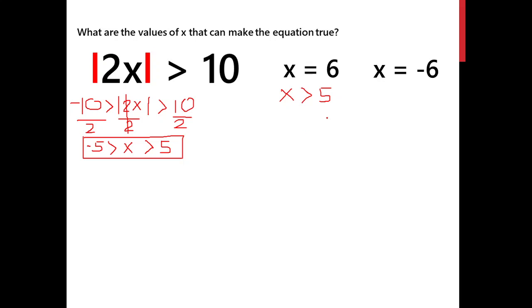And also, any number that is less than negative 5 is a solution to our inequality statement. That's why negative 6 is a solution, because negative 6 is less than negative 5.